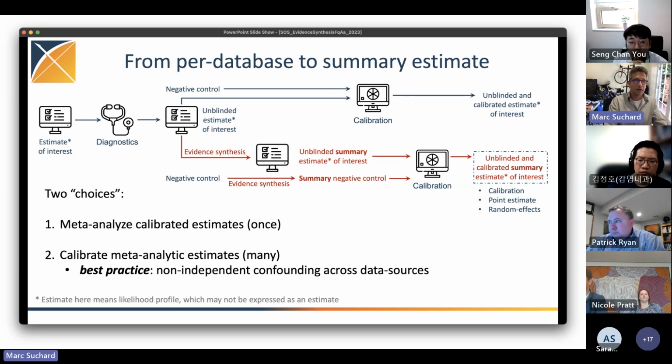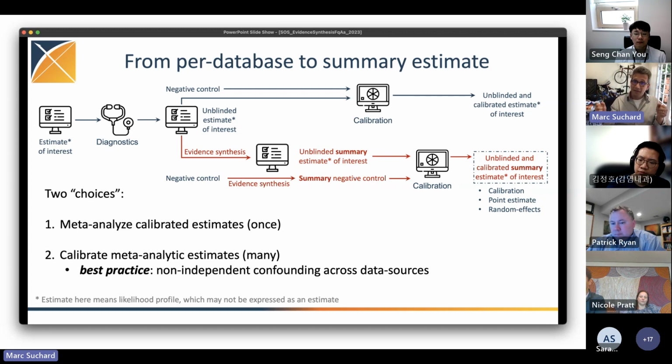So basically you're calibrating once per data source. An alternative approach is calibrating many times. So for each of our possible negative control outcomes, we fit a separate meta-analytic model.